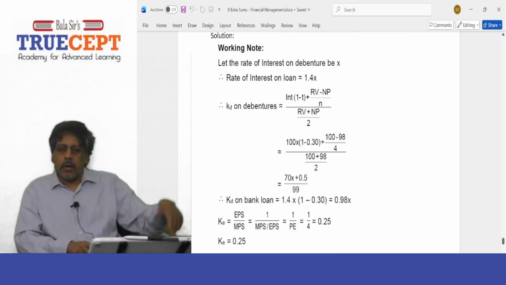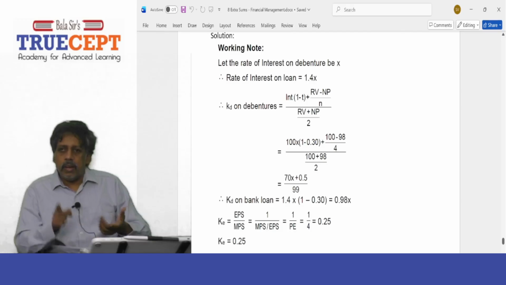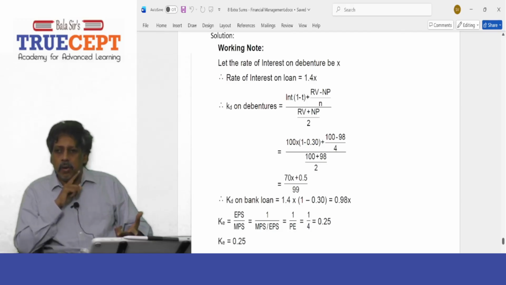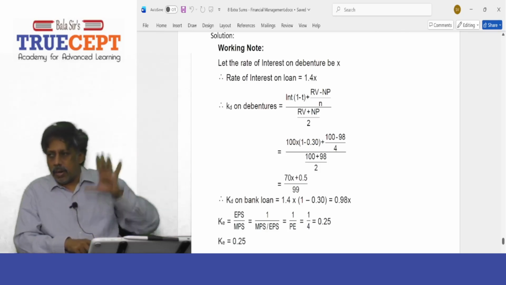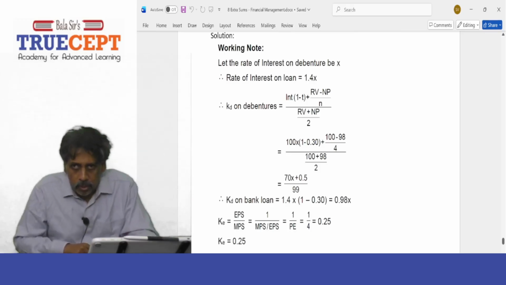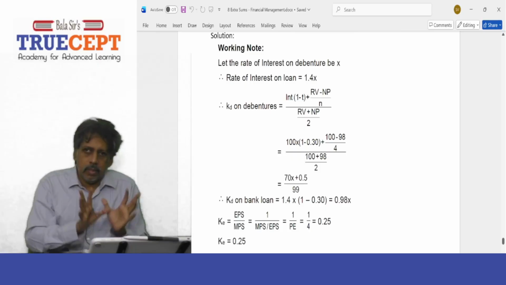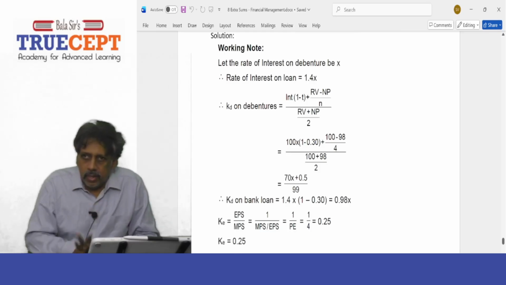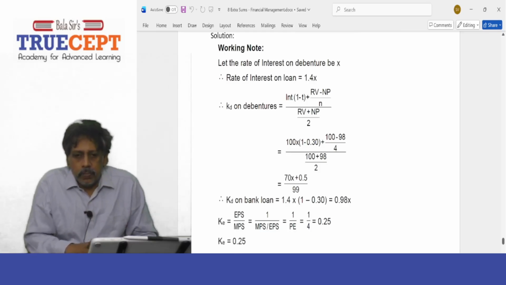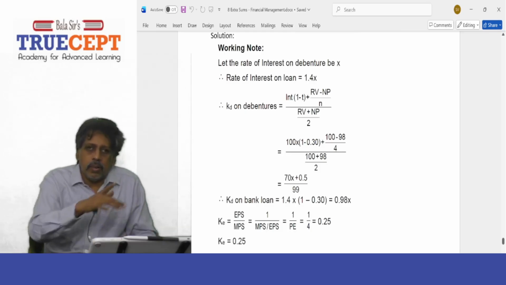And that into (1 minus 0.3) plus (RV 100 minus 98) divided by 4 years, the whole divided by (100 plus 98) by 2. Now I solve this, I get one clumsy equation, right? How much you get, ma? 70x plus 0.5 divided by 0.5 divided by 99. That is the cost of debentures.